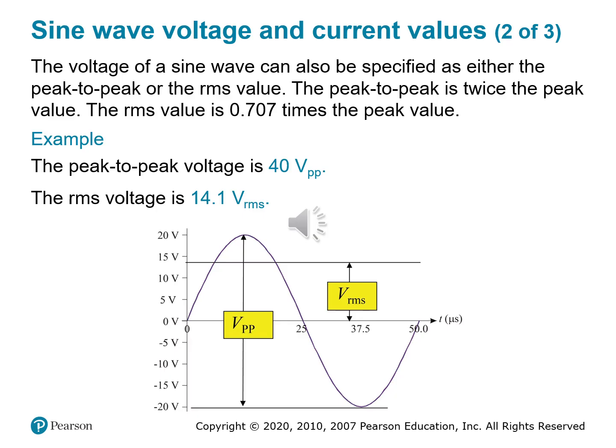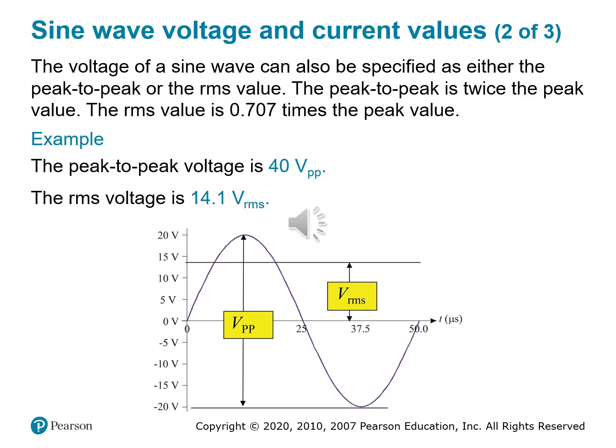So V sub RMS is equal to 0.707 times whatever the voltage peak value is. In this case, for our 20 volts peak, 20 V sub P, the RMS equivalent would be 14.1 volts. This is the value most meters display when measuring AC voltage, and it's the one used in power calculations.